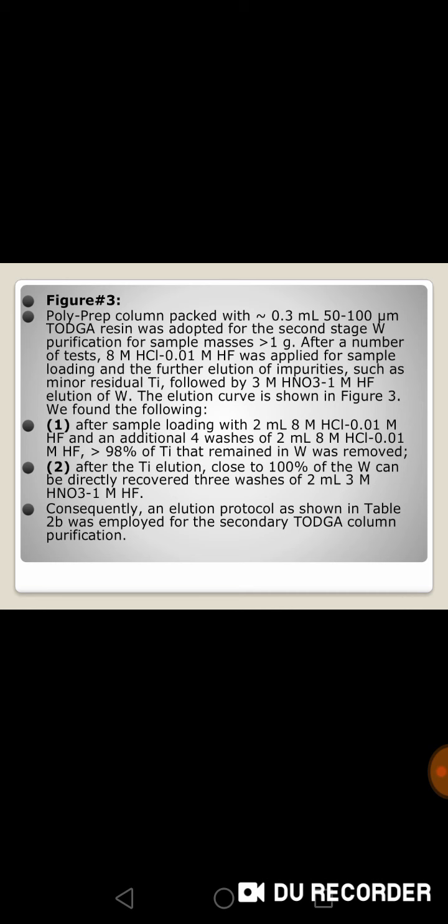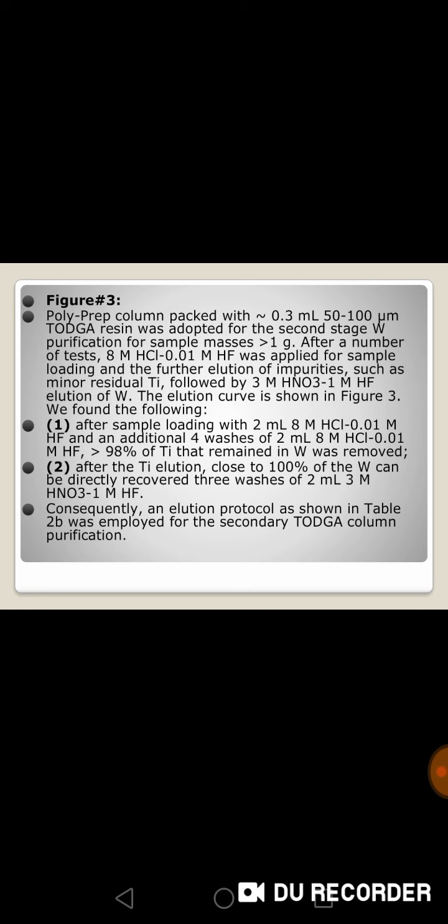First, after sample loading, with 2 ml of 8 molar HCl and HF solution, the additional 4 washes of 2 ml HCl and HF solution will remove about 98% of the titanium that remained with the tungsten.